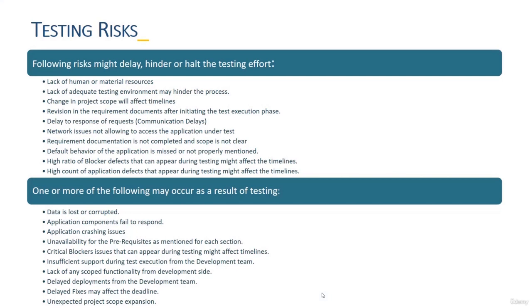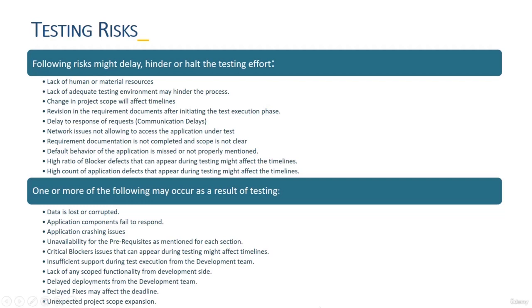And then if there is any kind of risk, you need to specify it, like the following risks might delay, hinder, or halt the testing efforts. Here you need to specify the lack of human or material resources, and the lack of an adequate testing environment, which may hinder the process. A change in the scope will affect the timeline, and so will a revision in the requirement document after initiating the test execution phase.